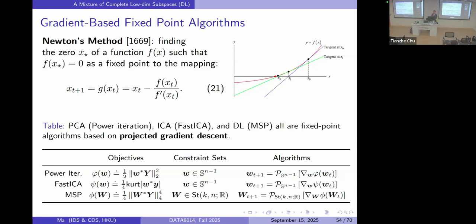Newton is trying to find the roots of f(x), right? What if you want to find the minimum of f(x)? What do you look for? You look for the maximum or minimum, right? What is the condition when the function becomes minimal or maximal?